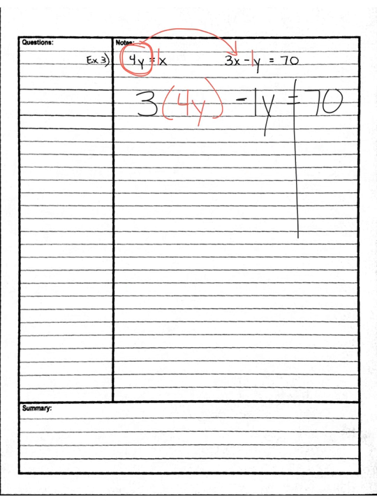So now we've taken our two equations, we've substituted, we've taken one equation and plugged it into the other equation. So we have 3 times 4, which is going to give you a 12y minus a 1y equals a 70. 12y's minus 1y is going to be 11y equals 70.